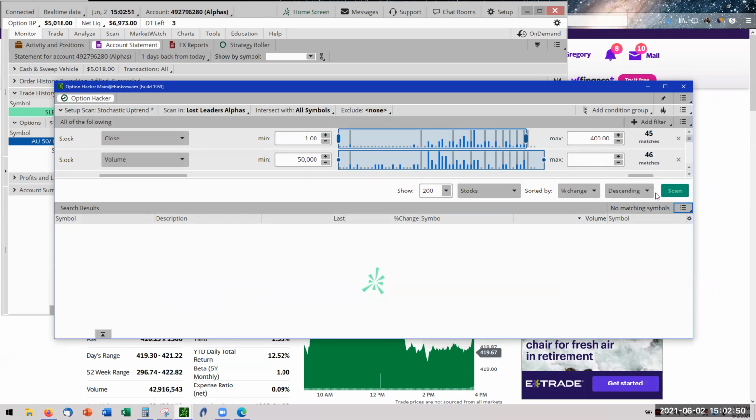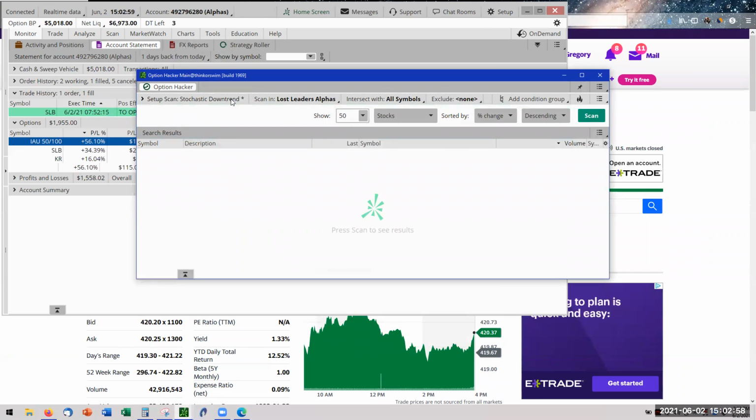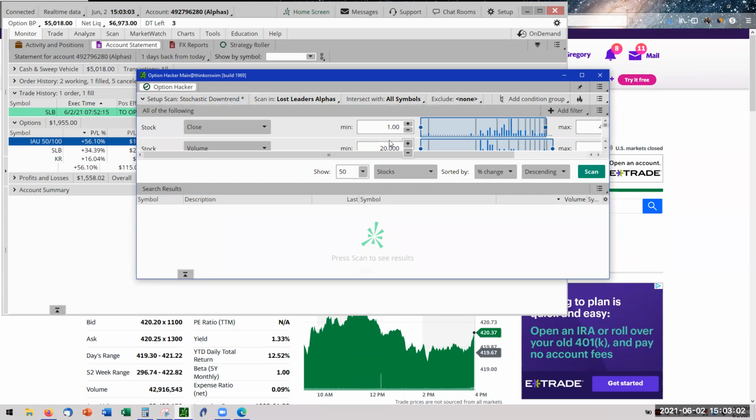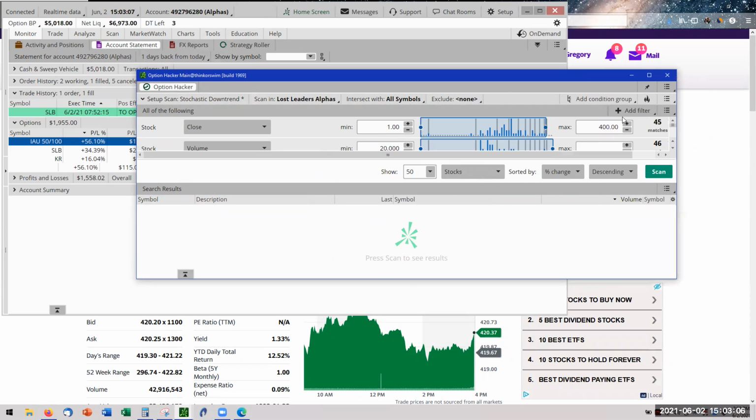Nothing. Okay, so that's out of the way. So now let's go on down to the downside of the scanner, and that's here. There's stochastic downtrender, alphas, and I need to check the parameters to see if they're okay. Yes, they are. $1 to 400, and something's wrong here.